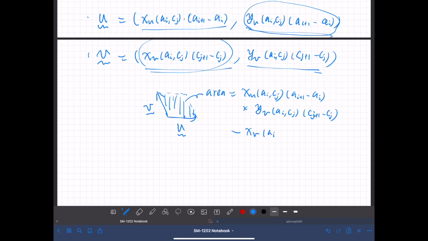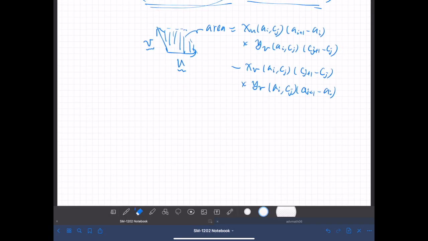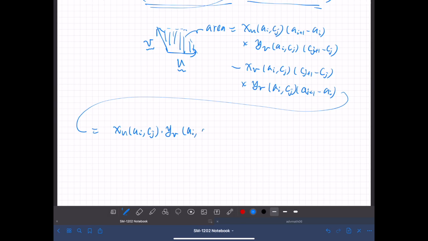So x_v(a_i, c_j) times (c_{j+1} minus c_j) times y_v(a_i, c_j) and (a_{i+1} minus a_i). So that is equal to x_u(a_i, c_j) times y_v(a_i, c_j) minus x_v(a_i, c_j) times y_u, actually, (a_i, c_j), times (a_{i+1} minus a_i) times (c_{j+1} minus c_j).